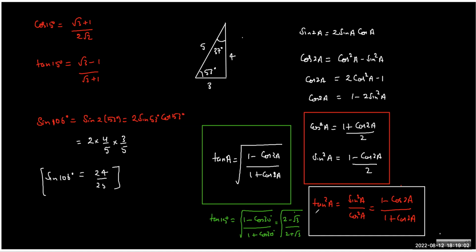And what is interesting? The interesting part is, I'll tell you something. What is root 3 minus 1 whole square? You know, a square plus b square minus 2ab.